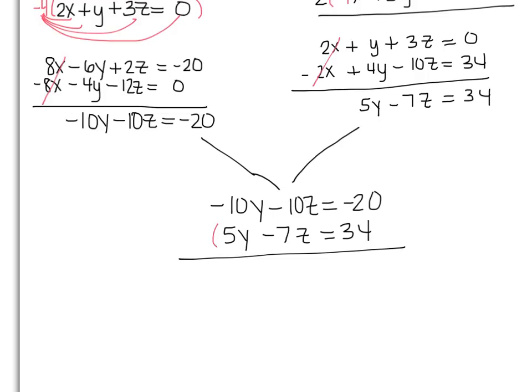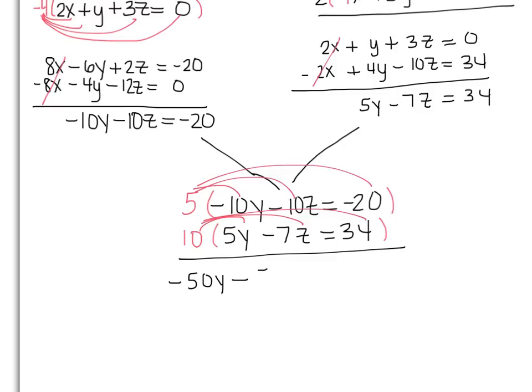So pause the video, see if you can eliminate, and resume to get your answer. Okay. So this top equation up here needs to be multiplied by 5. This bottom equation here needs to be multiplied by 10. Notice how I'm not using the negative 10 because one is already negative, so they'll cancel regardless. So we're going to distribute all these pieces. You should have gotten negative 50y minus 50z equals negative 100.